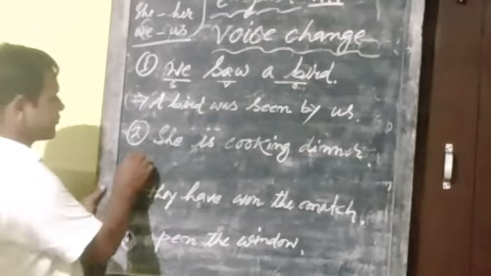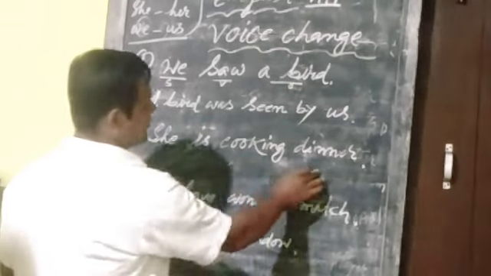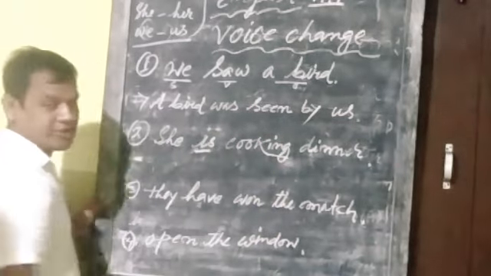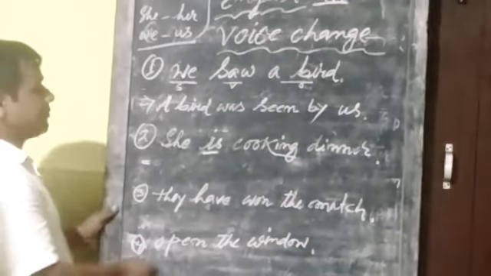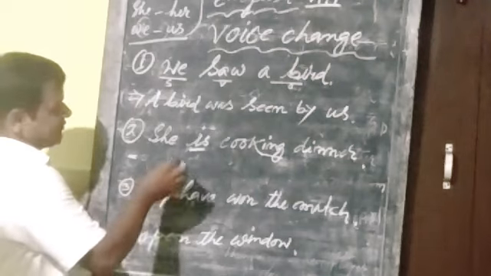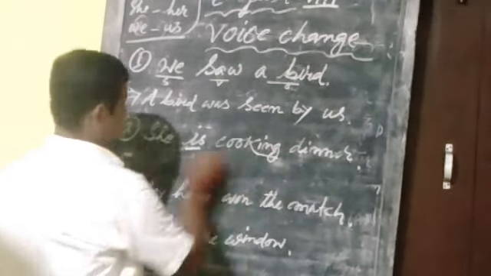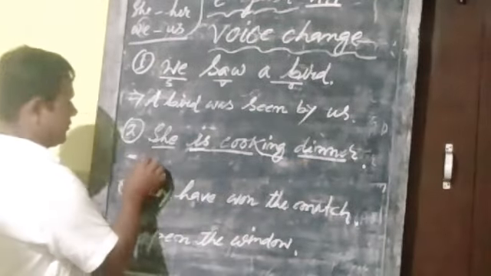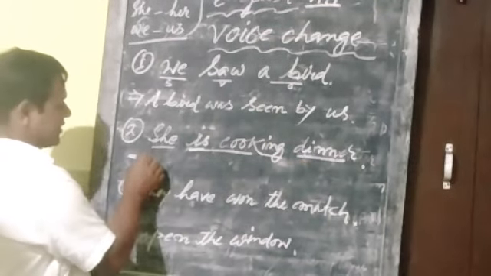Suppose here, look. If verb is given present continuous tense, am, is, are, and here with verb ing, that means it is present continuous tense. So in the present continuous tense formula, first of all, subject, verb, object. Then object you bring in place of subject, dinner.